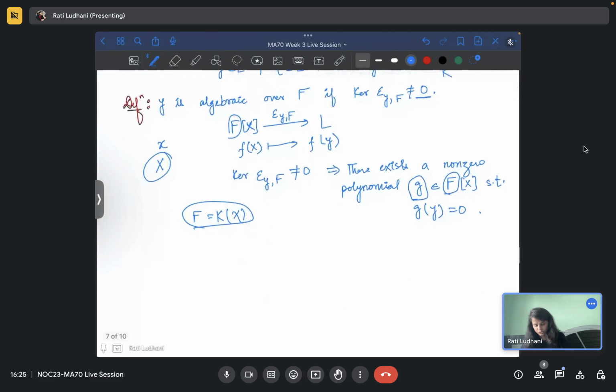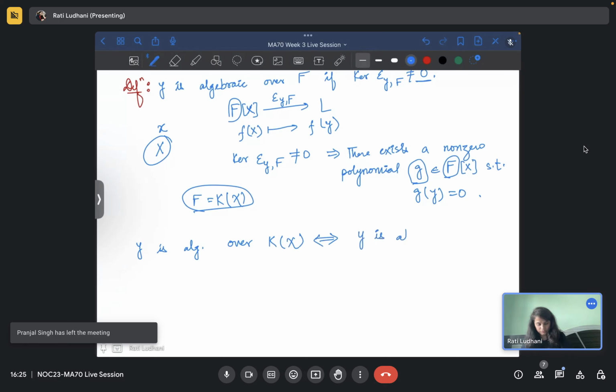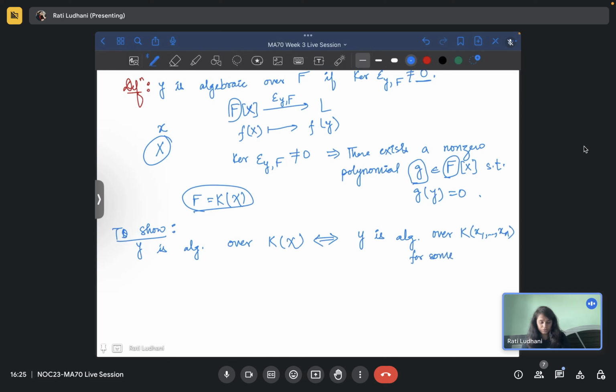So you have two things. y is algebraic over K(chi) if and only if, that we are asked to show, y is algebraic over K(x1, ..., xn), some numbers x1 to xn, for some n, we are not saying for all, for some fixed n.